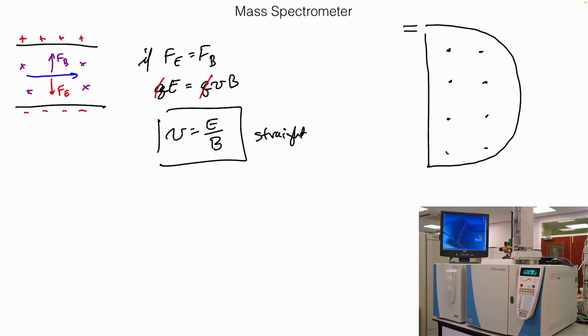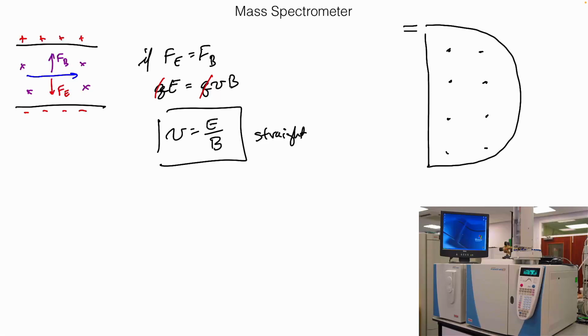If a particle is going faster than that, which way is it going to curve? What force wins based on how fast it's going? Magnetic. Magnetic is QVB, right? So if we are faster than this speed, the magnetic field wins.